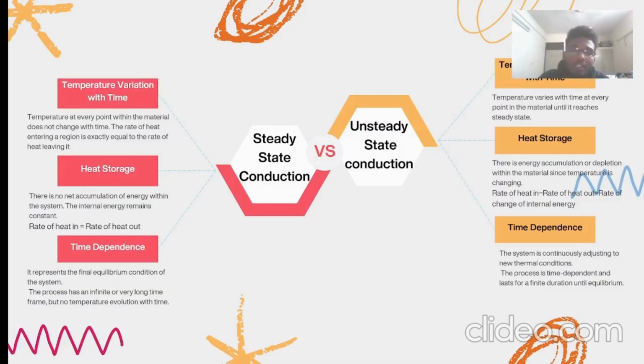Whatever amount of heat we are getting from the external medium, the same amount of heat will be delivered by the object to its surrounding. So basically the temperature at a particular point doesn't change with time when the object reaches steady state. It doesn't store any heat. Rate of heat in is equal to rate of heat out. Basically it occurs after a very long time.